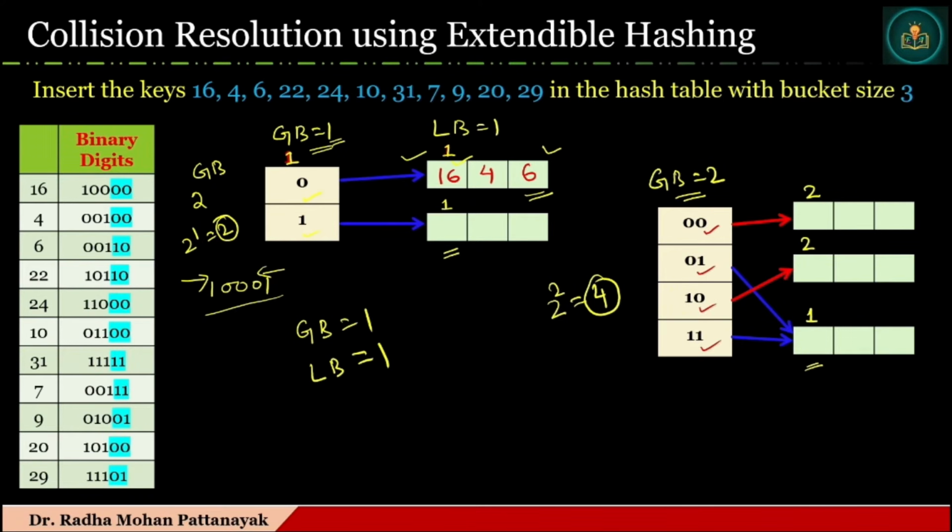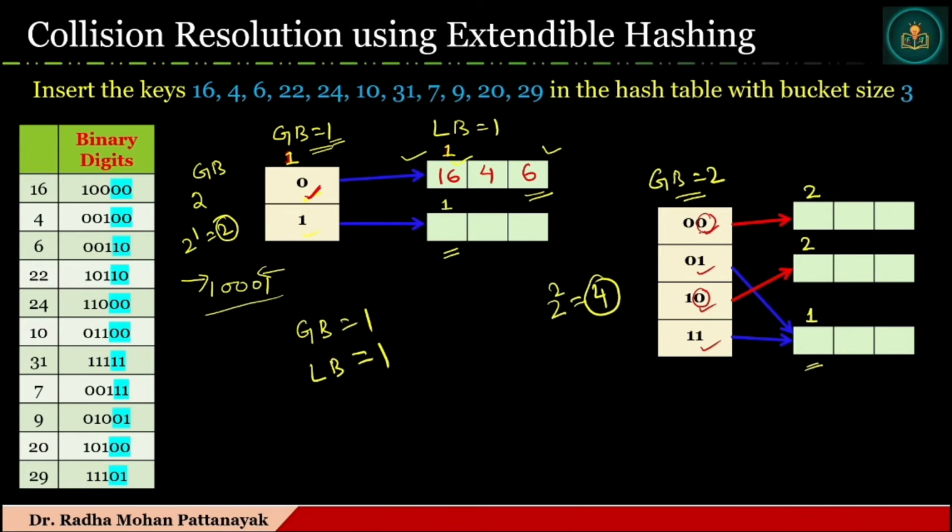Now I will point the directory entries to different buckets. See here, the bucket we divided is the 0th bucket, right? So in the first entry where 0 is present, and the second entry where 0 is present, in these 2 cases only 0 is present.